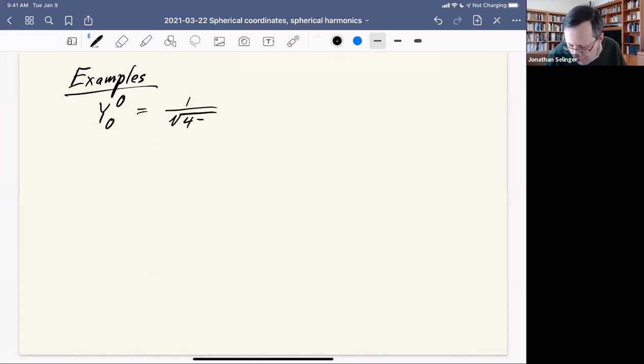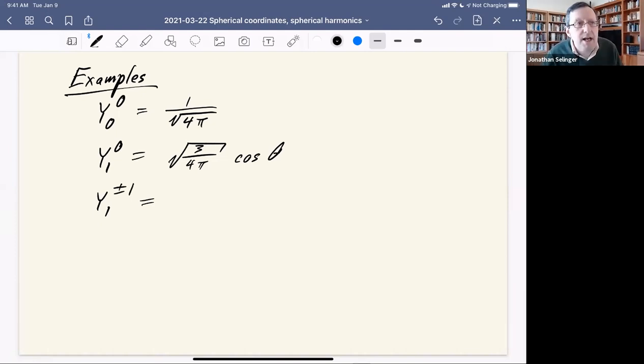It is simply 1 over the square root of 4 pi. That's sort of boring. How about if L equals 1 and M equals 0? Then we have the square root of 3 over 4 pi times the cosine of theta. What if we have L equals 1 and M equals plus or minus 1?